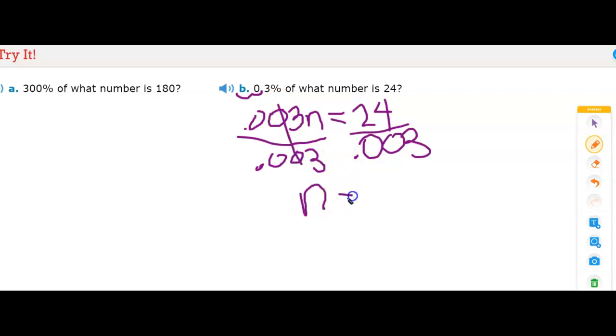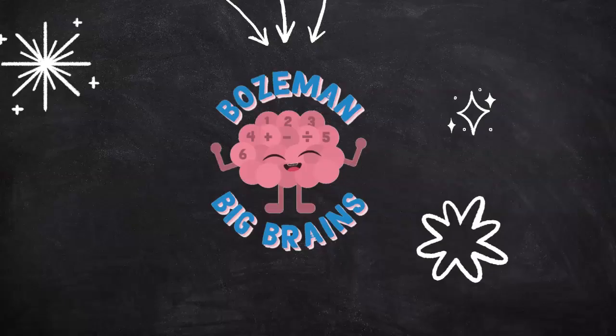We have n, and then 24 divided by 0.003 is 8,000. And that's it.